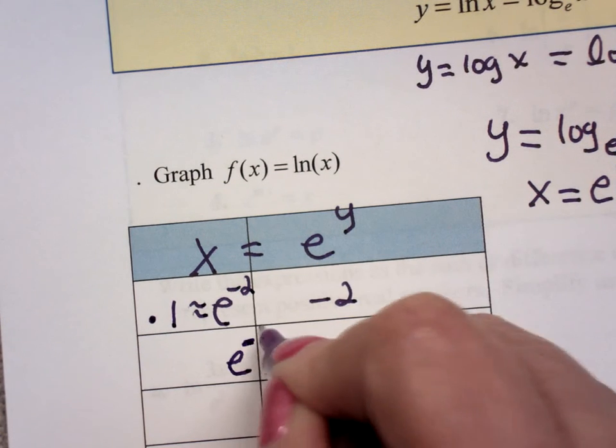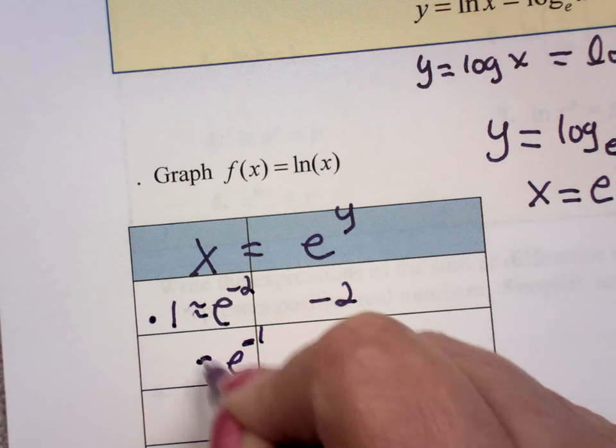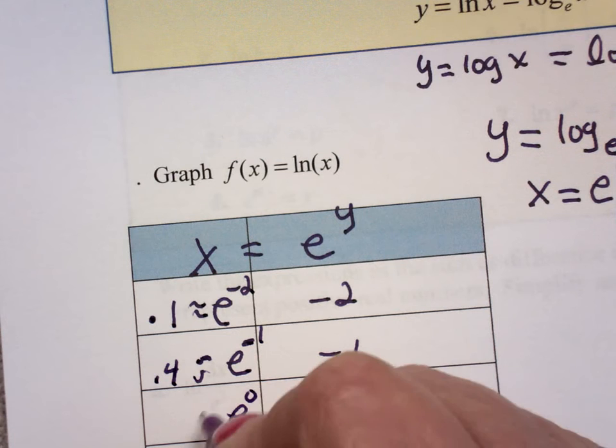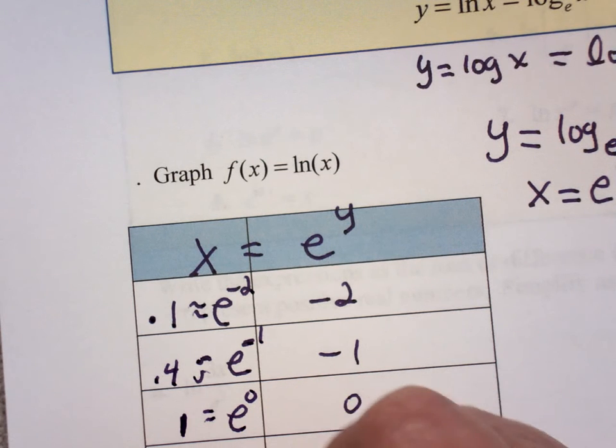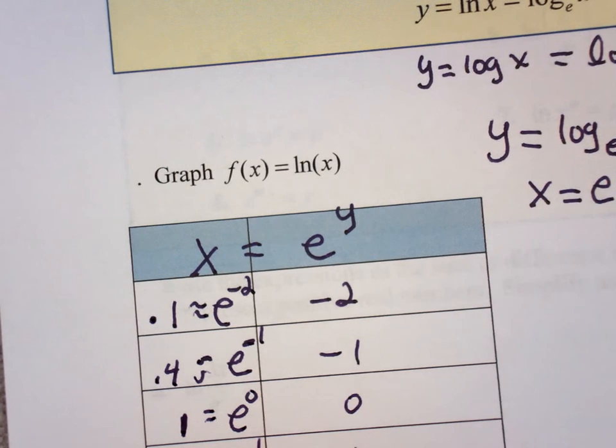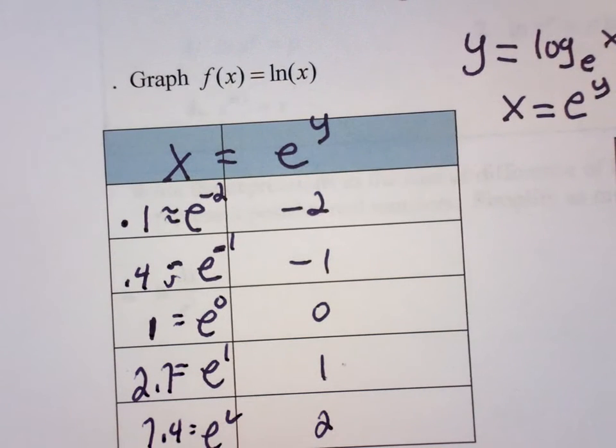E to the -1, you do enough of these, that's what happens. It's approximately 0.4. E to the 0 is 1. E to the 1 is 2.7. E to the 2 is 7.4. And I've done a lot of these between yesterday and today.